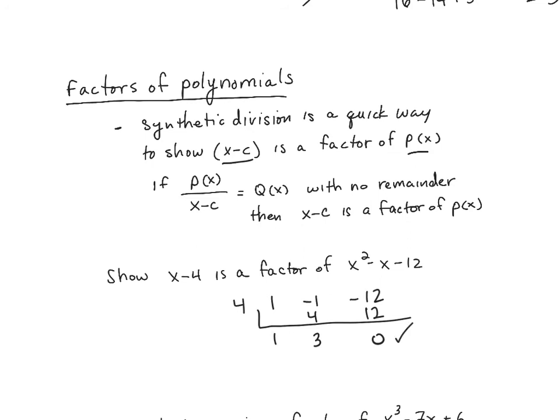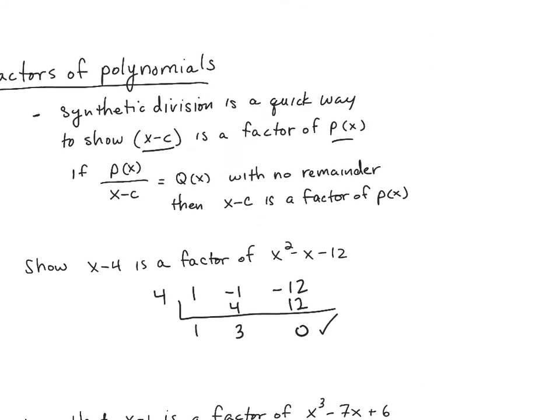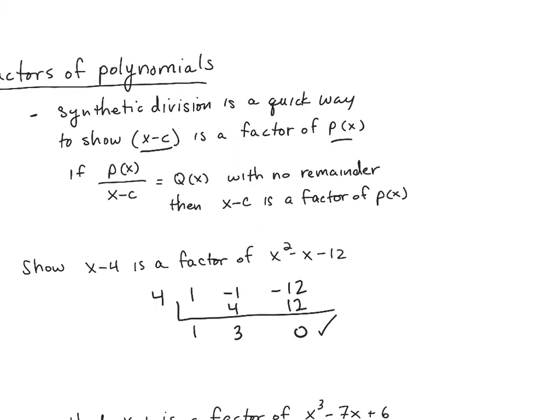A remainder of 0 means that this divides evenly with no remainder, and so this proves that x minus 4 is a factor. It also gives us another factor here, x plus 3, whose product with x minus 4 is equal to the original dividend. So that's how we show that an expression is a factor of another expression: by dividing and hoping to get a remainder of 0.